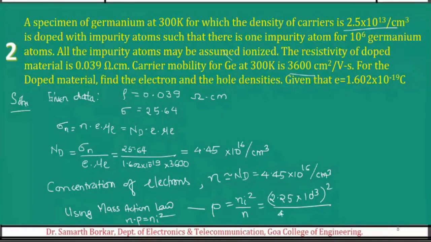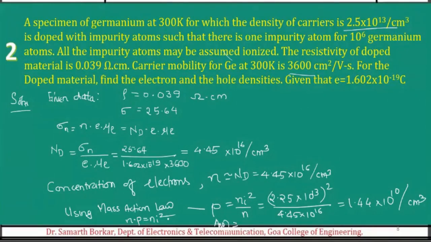N we have already calculated as 4.45 into 10 to the power 16. So it will be 2.25 squared divided by 4.45, which gives 1.44 into 10 to the power 10 per cubic centimeter. And then you have to write the answer.